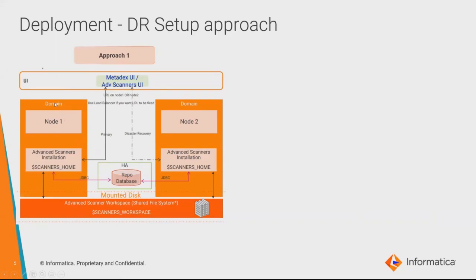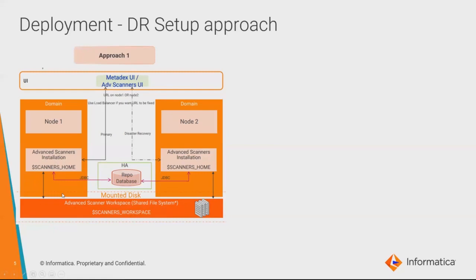There may be a primary domain and the DR domain, and you have to install metadex on both locations, so the binaries will be on both places. The scanner's workspace folder, which is where the connection registry and the JDBC jars and those things will be available, you can mount through a shared file system, which is highly available.